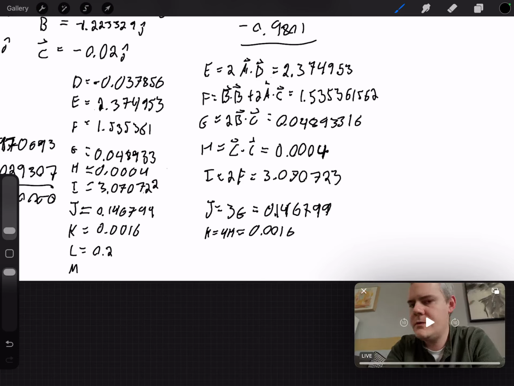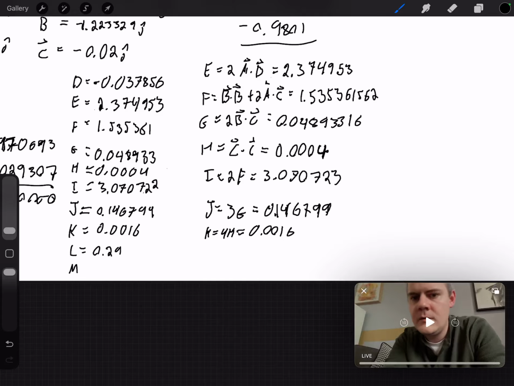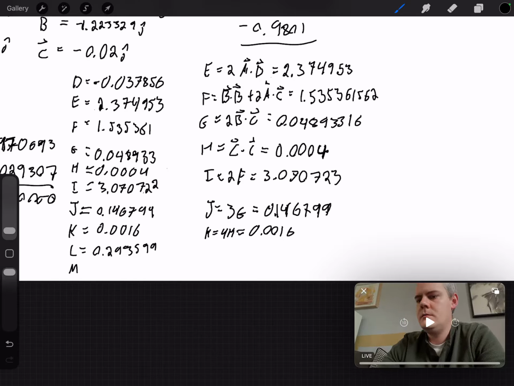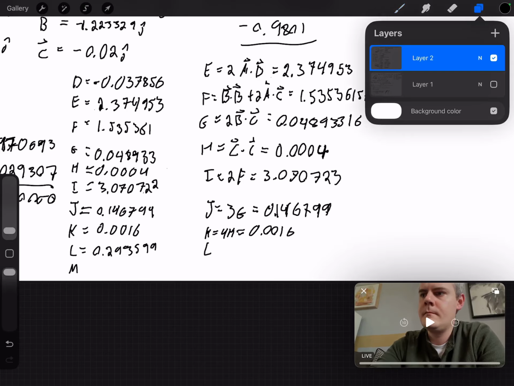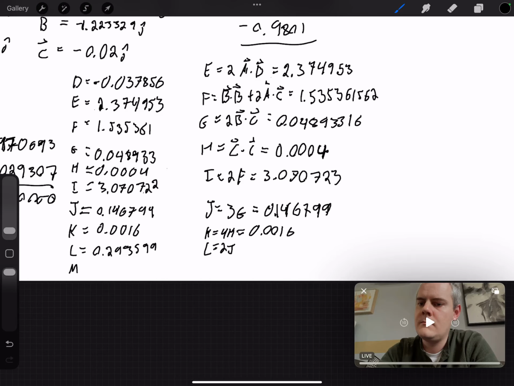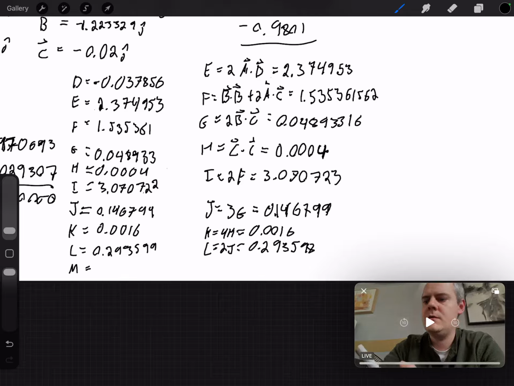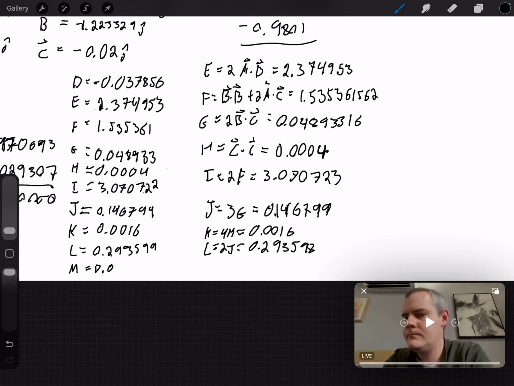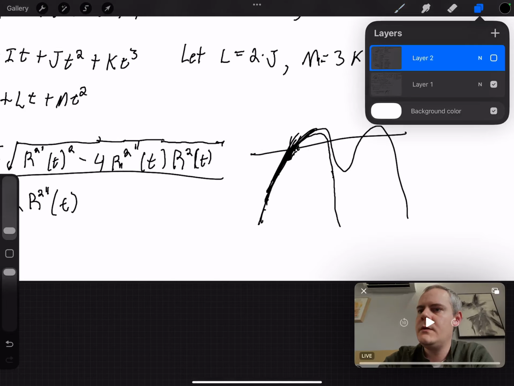L is 0.293599. L is equal to 2J. 2K or 3K?